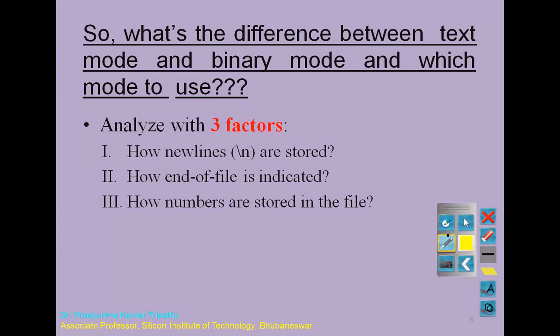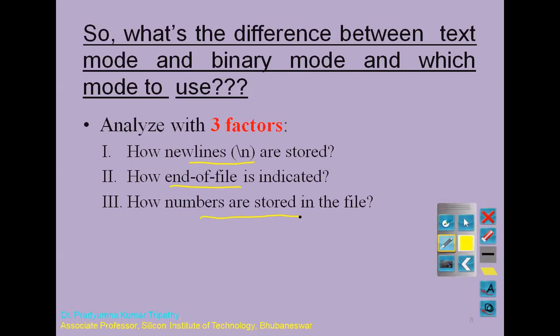We want some files to be created in text mode, we will call them text files. Some files you might require in binary mode, we will call them binary mode files. So what is the difference between these two? Between text and binary, there are basically three differences. The first difference is the conversion of the \n character. The second one is the conversion of the end of line character. And the third one is the way it is being stored.